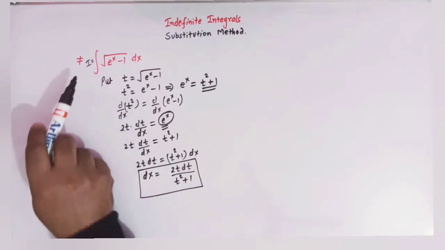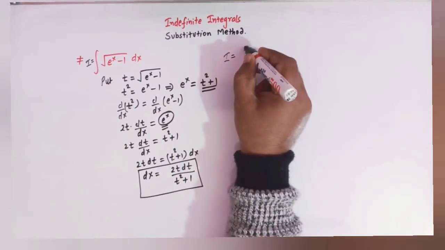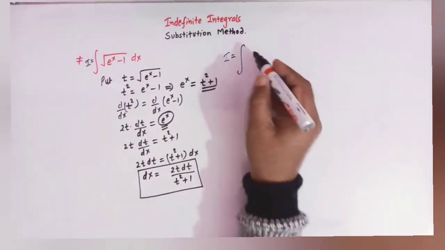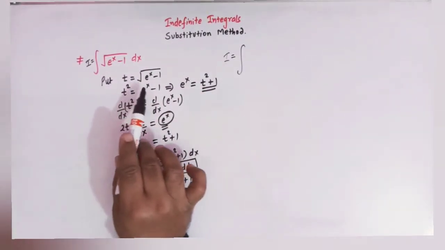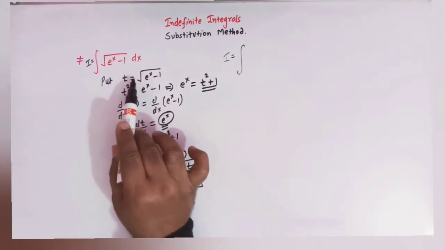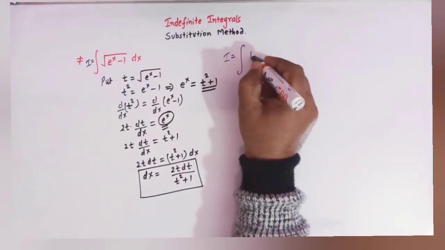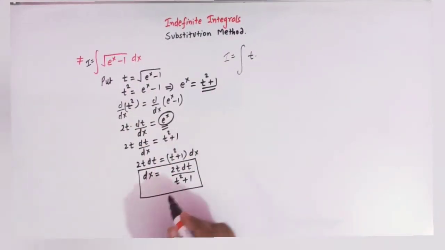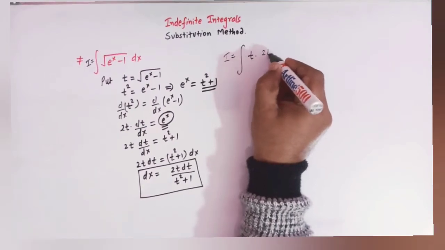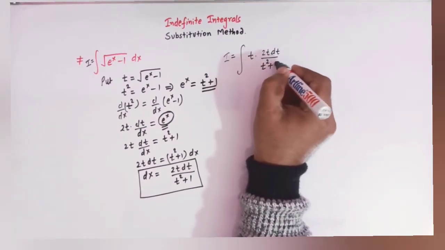Okay, now let us come to our integral. Here I can now be written in terms of t. When t square is equal to e raised to x minus 1, then t is equal to square root of e raised to x minus 1. So we can write here t, and for dx we can write 2t dt over t square plus 1.